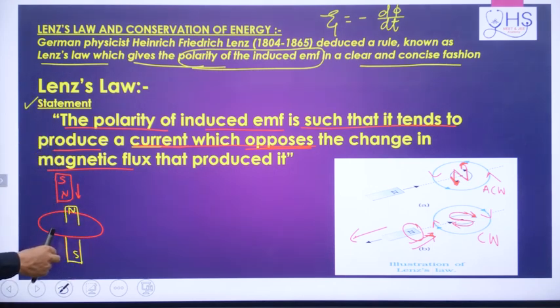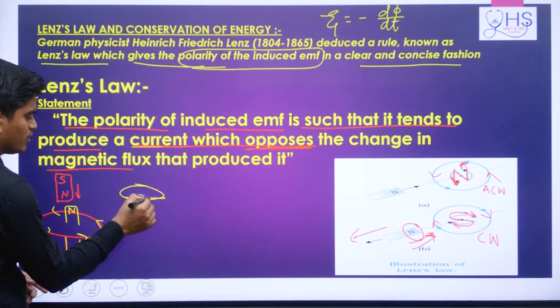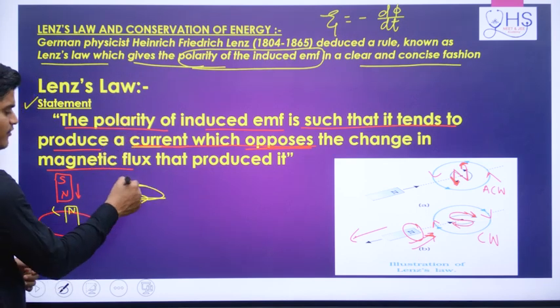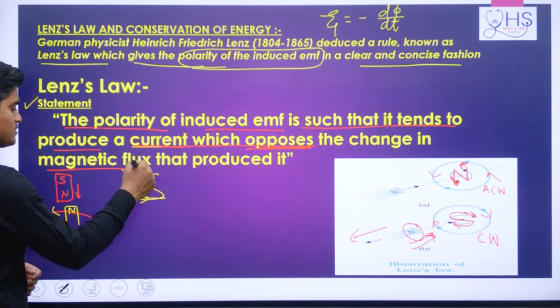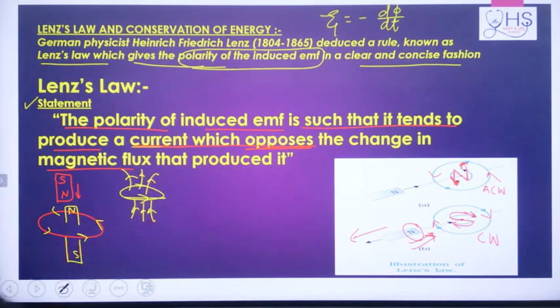If the north pole is coming, then this coil behaves like a magnet and repels it. So to become this north pole, how should the current be produced? The current should be in this way. According to the right hand thumb rule, if current goes like this in a coil, then all the magnetic field lines will go away like this and enter here. So definitely this is north and this is south.